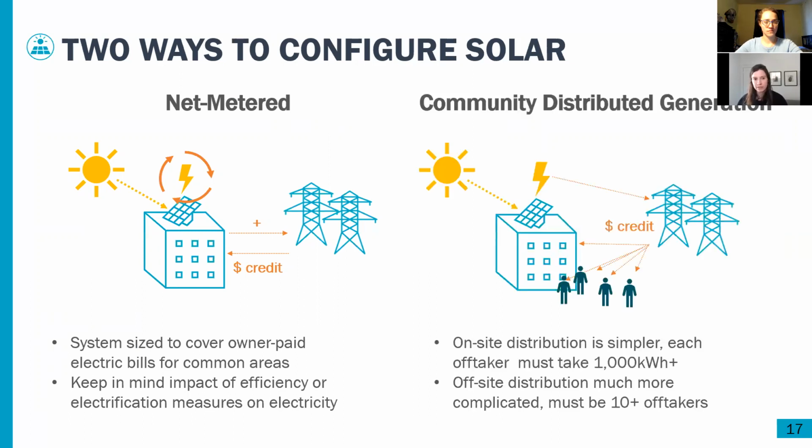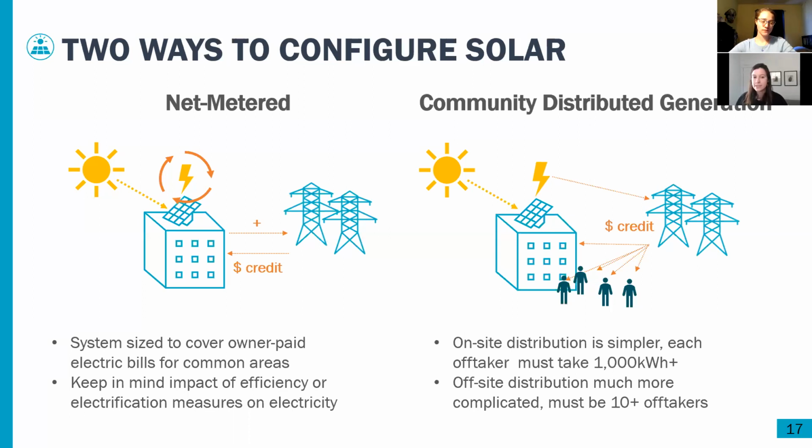The other way to configure solar is called community distributed generation. It's sometimes referred to as community shared solar or CDG, a lot of names for it. But basically the idea here is that all of the electricity created gets sent to the grid from the start, and then that energy gets distributed to different accounts, either on site, so it could get distributed to the common area plus tenant units, or it could get distributed off-site to other accounts somewhere else in the city.